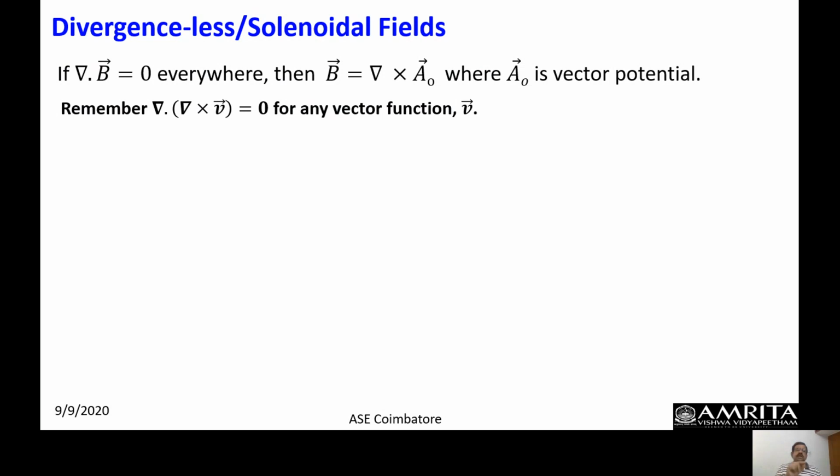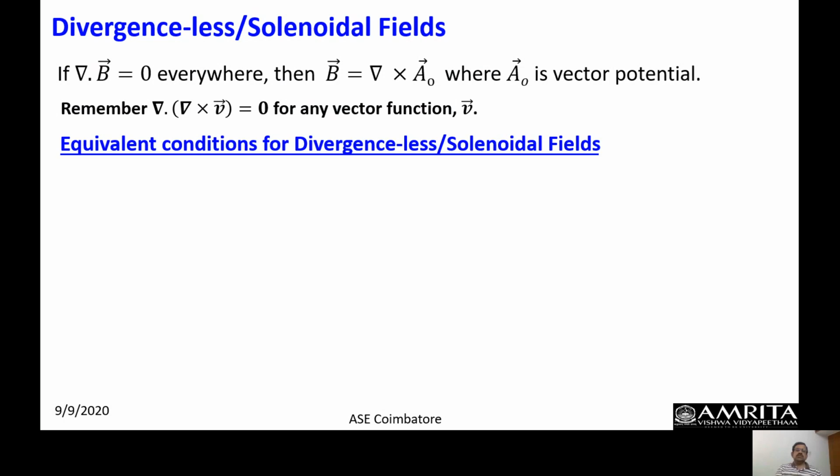So the triple integral of del dot B over the volume d tau is equivalent to the closed surface integral that bounds this volume, B dot ds, which is the flux of B. So the flux of B through a closed surface must be 0 for the vector function to represent a solenoidal field. That is the first implication.